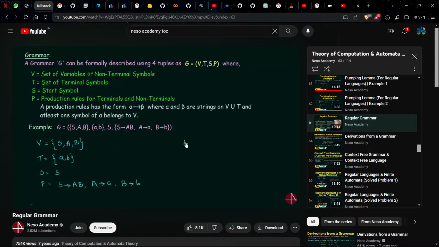Now let us take an example and see some strings that can be formed using this grammar. We have to look at the production rules over here.